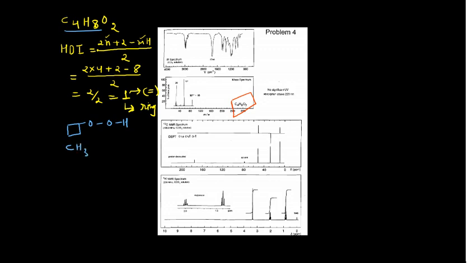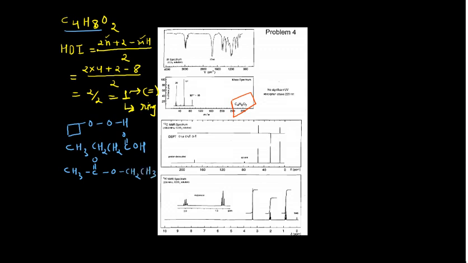CH3, CH2, another CH2, and then C double bond O, OH. And then the third possibility, you may have CH3, C double bond O, O, CH2, CH3.